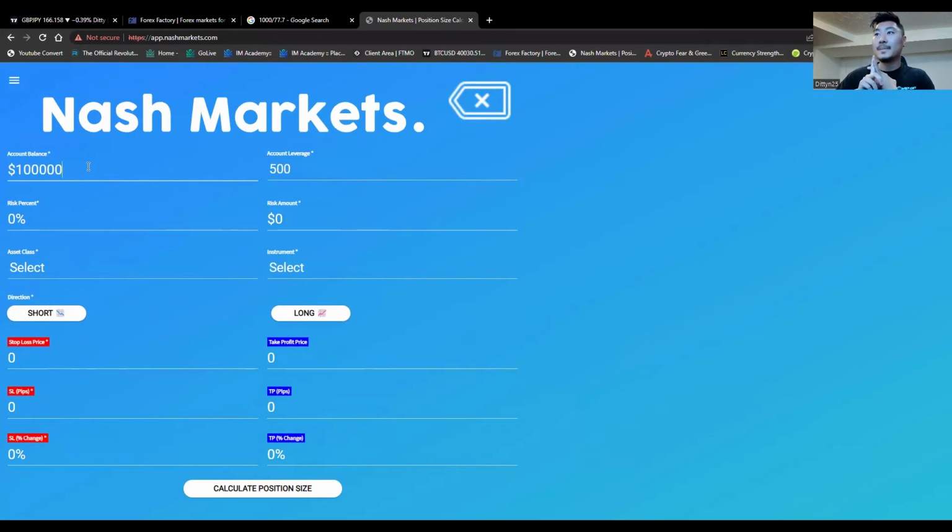BTC/USD is good. Not for Nasdaq and US30. So if you are trading with the FTMO account, you can use Nash market only for forex, gold, and BTC/USD, not for Nasdaq or US30.